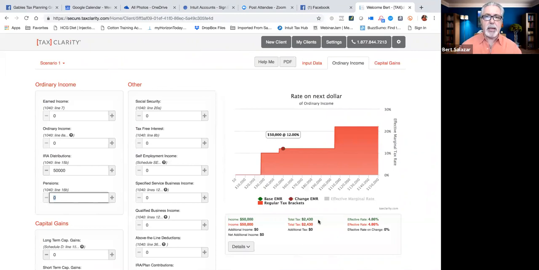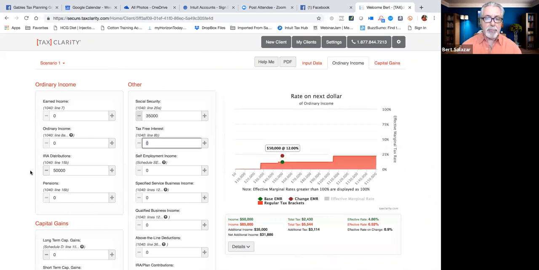The exercise that I shared with them was that they both qualified for $35,000 of Social Security benefits, because I had already done the calculations for them. And on top of that, I said, since you only need $50,000 total, instead of having to take $50,000 out of your IRAs, let's only take $15,000.